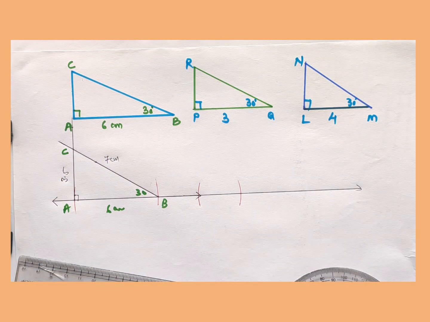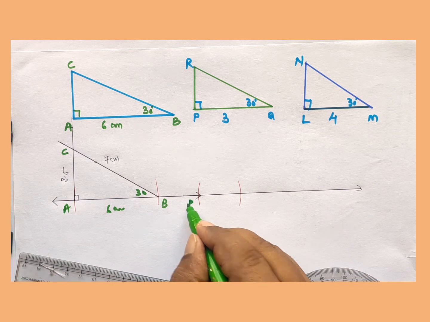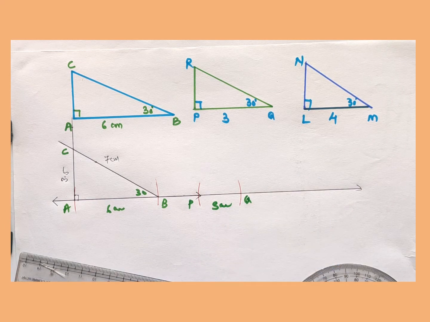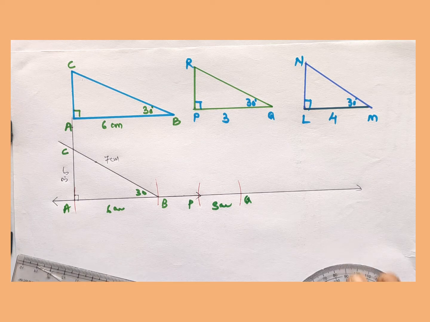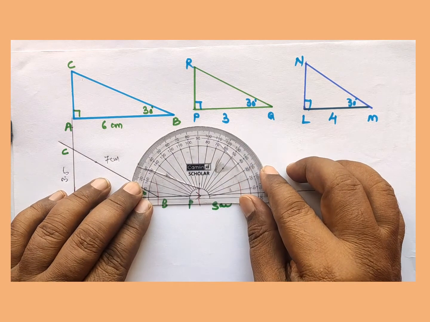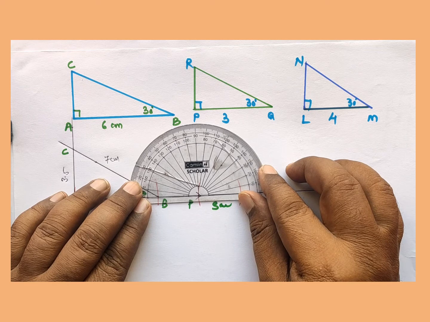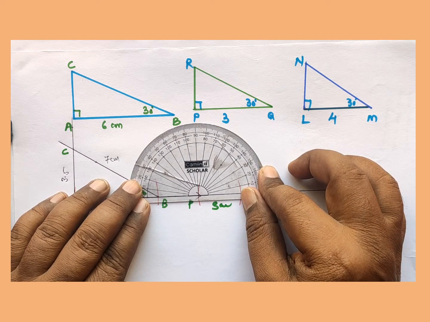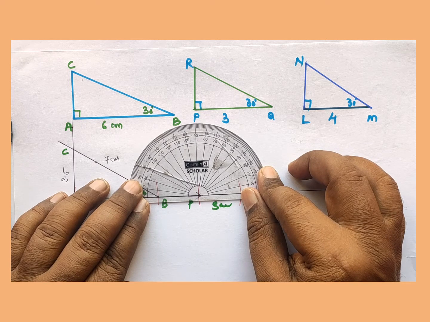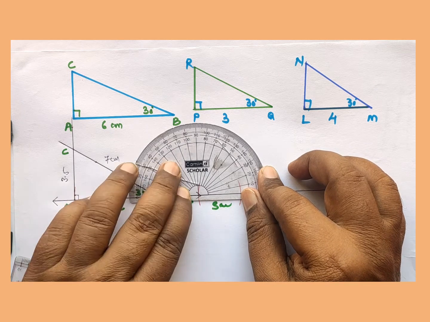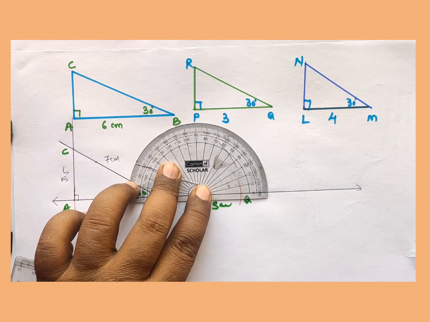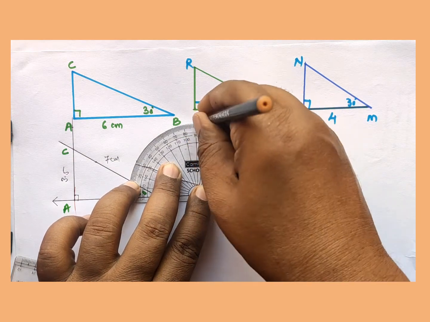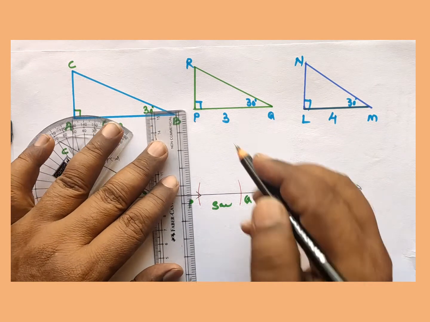So we got here B and Q. P and Q is 3 centimeter. Then a 90-degree angle at P. Vertical line.